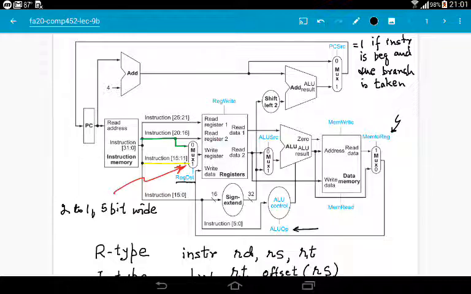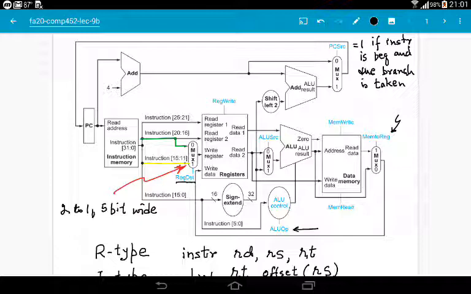When these instructions are executing, then this mem to reg is 0, and it is 0 for all R type instructions. Okay, because mem to reg has to be 0 when the result produced by ALU has to go to a destination register.